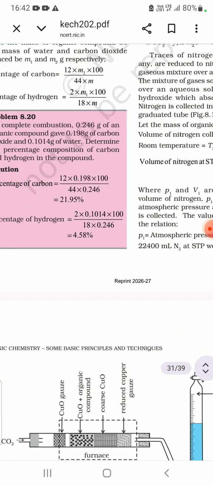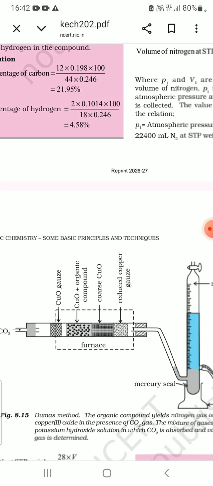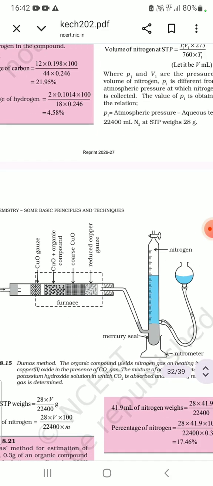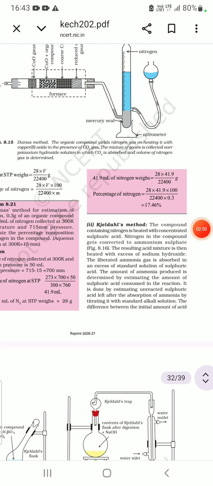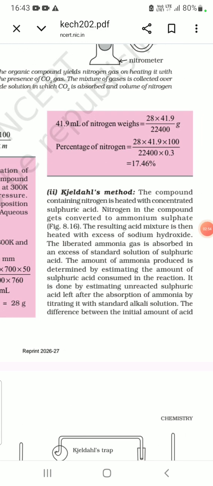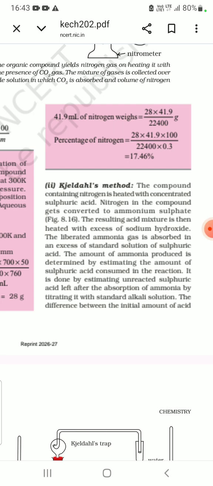And next we can look at the diagram here. Here the Kjeldahl method is given, and the compound containing nitrogen is heated in concentrated sulfuric acid.